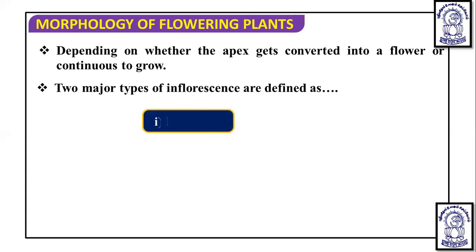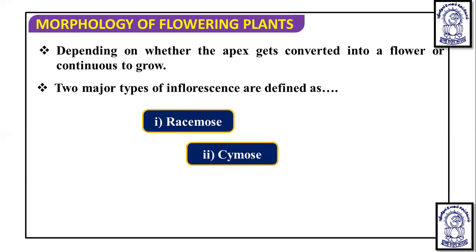The two types are racemose and cymose. In racemose, the tip keeps on growing, whereas in cymose, the tip converts into a flower.